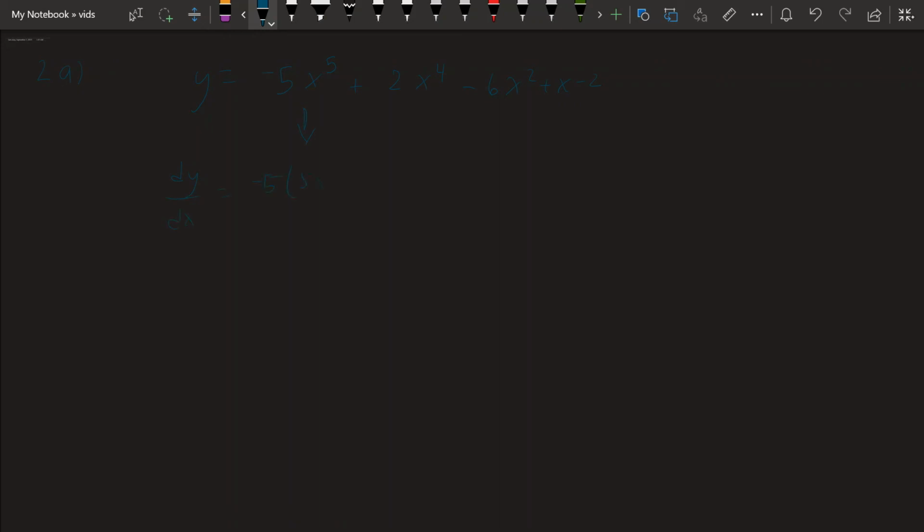It's going to be minus 5 multiplied by 5x to the power of 4, right? Now you guys have gotten used to it, probably, by 2x, plus the derivative of x is 1, and the derivative of a constant is, well, 0, as we said, right? And we can evaluate this.